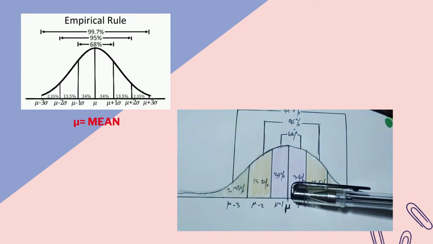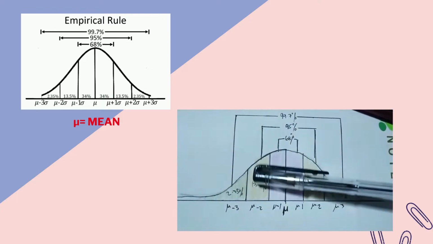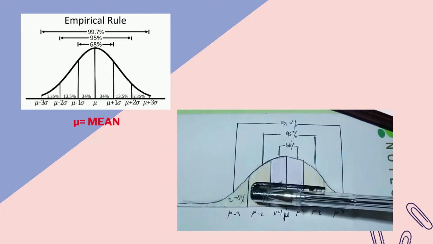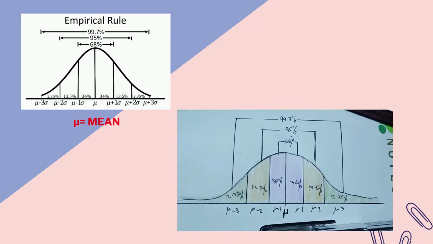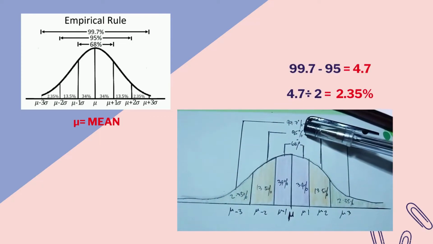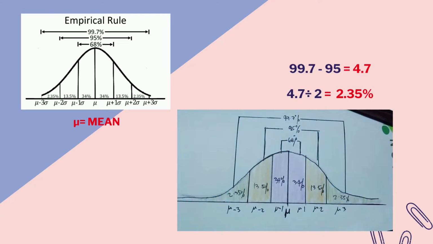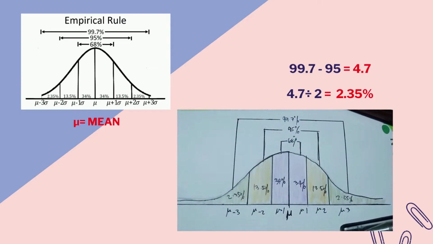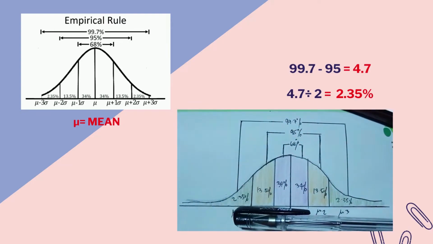For the last, 3 standard deviations, mu plus 3 and mu minus 3. So from here to here is 99.7% of the bell curve, and 99.7% minus 95% is 4.7, divided by 2 is equal to 2.35.